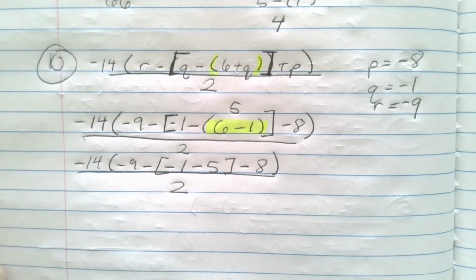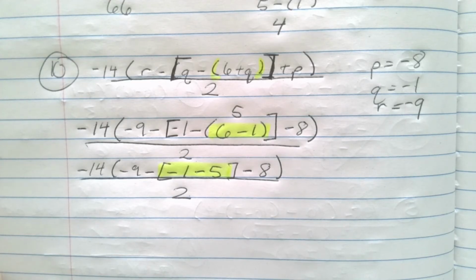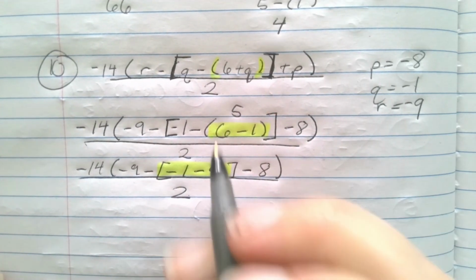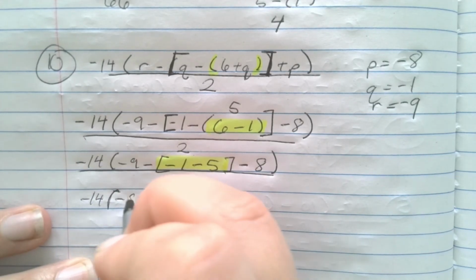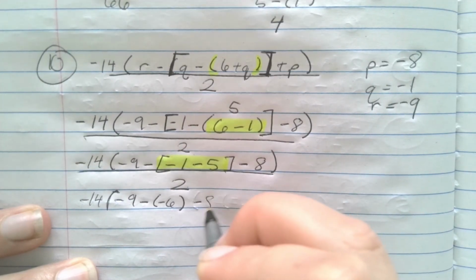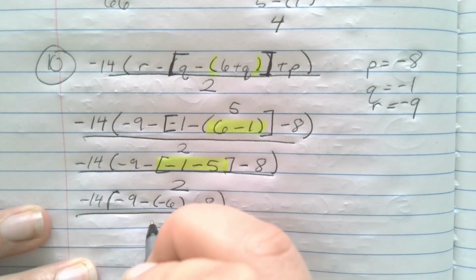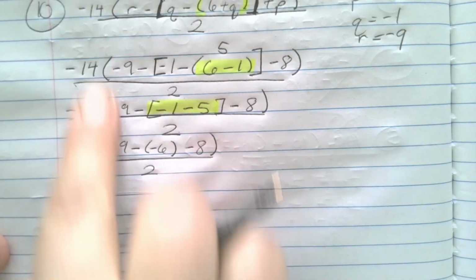Now I'm going to go from the inside parentheses. -1 and -5, what does that make? 6. Good. Can you see how I'm making a triangle? It's getting smaller.